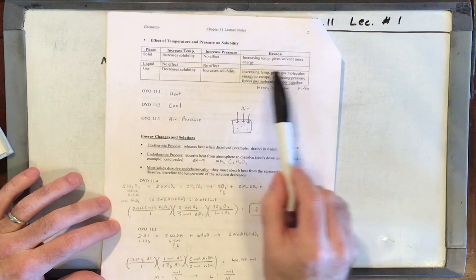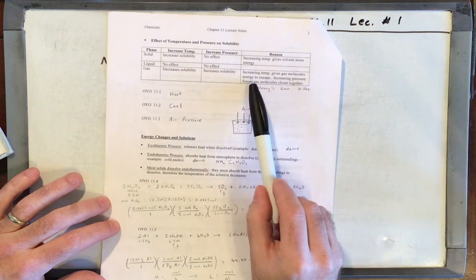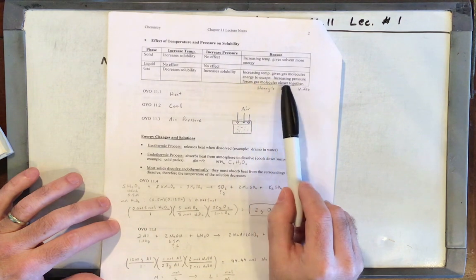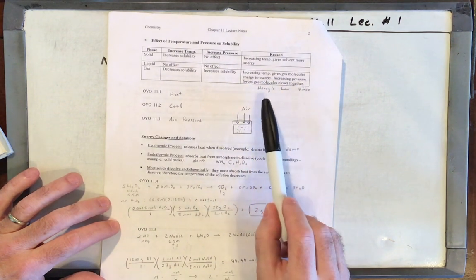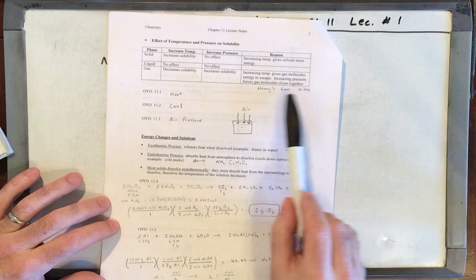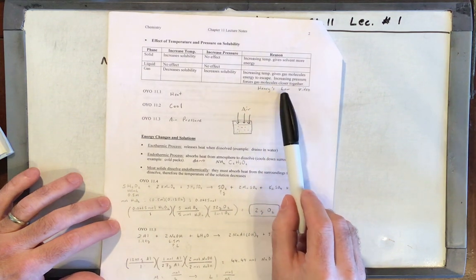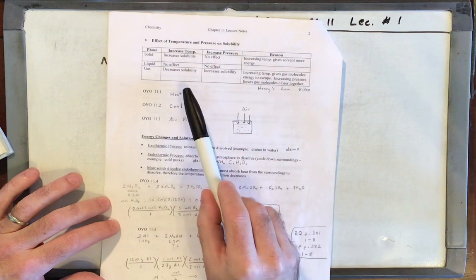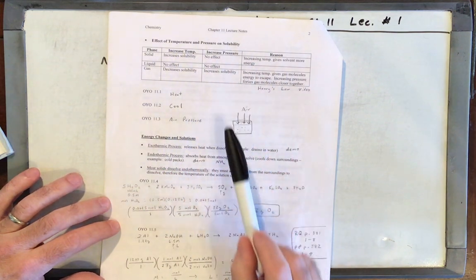So reading through the reason, increasing temp gives gas molecules energy to escape. Increasing pressure forces gas molecules closer together. I will link a video in the description box that you need to watch called Henry's Law that helps to understand the solubility in terms of temperature and pressure.